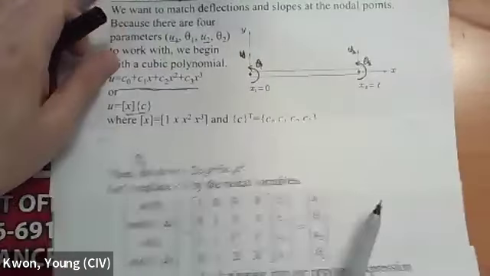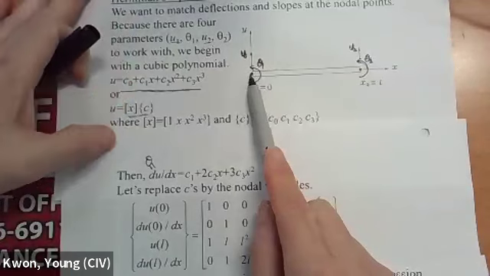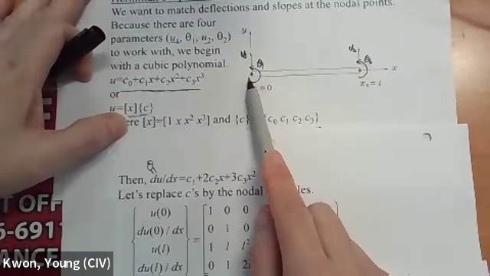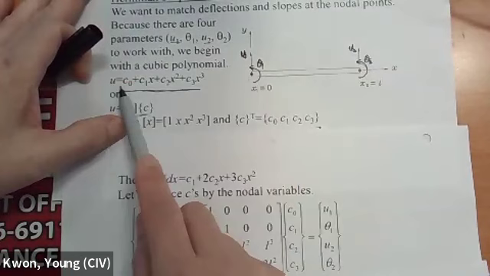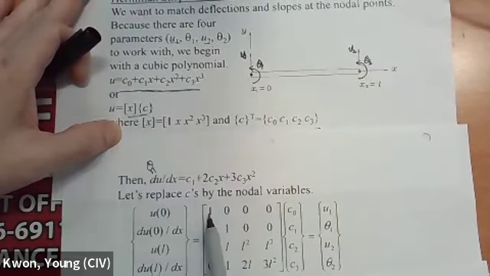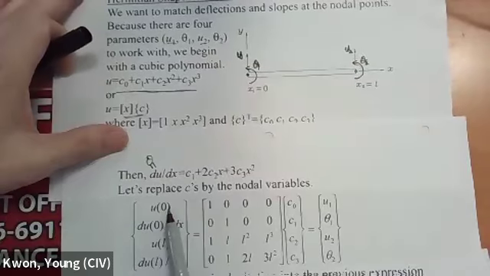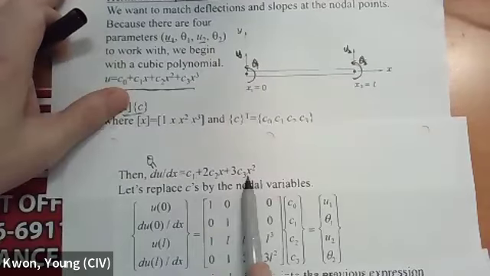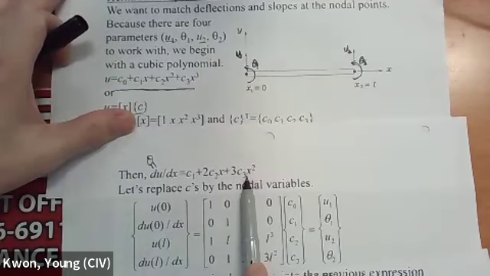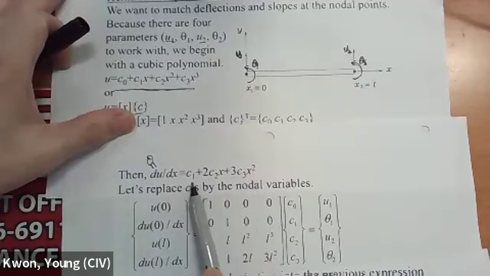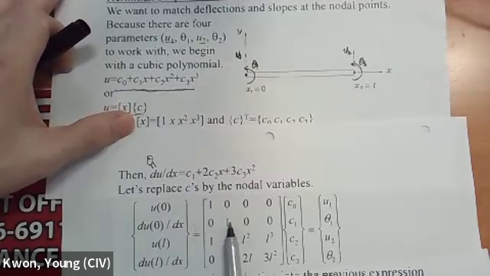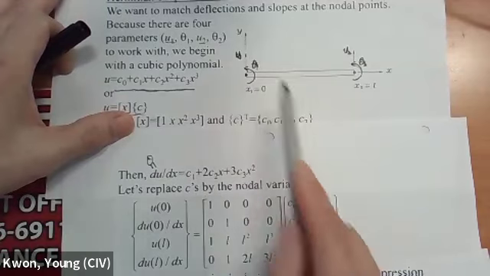Now at x equals 0, if you plug that in, u is going to be c0, that should be u1. But if you evaluate the derivative at x equals 0, that means c0 is 0 and 1 and then 0, 0. That's going to be theta 1.